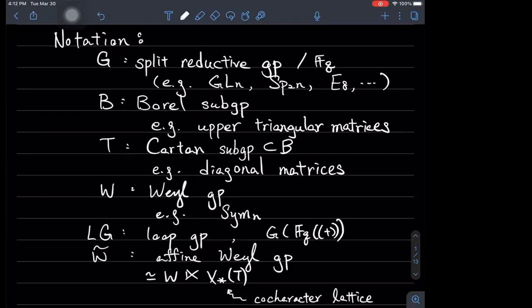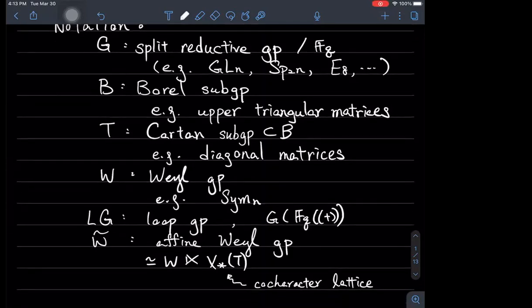And my B is a Borel subgroup. In the case of GL_n, it just consists of upper triangular matrices. And T is a Cartan subgroup of B. Again, in the GL_n case, you can take the diagonal matrices.